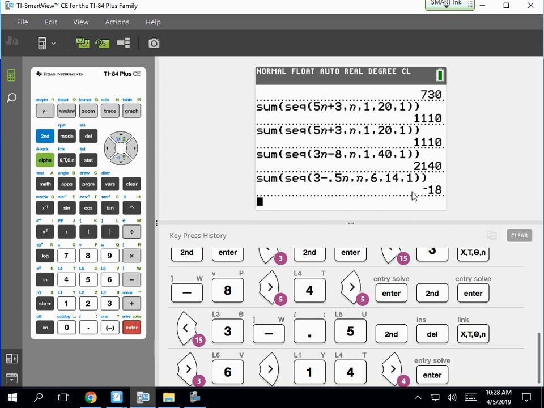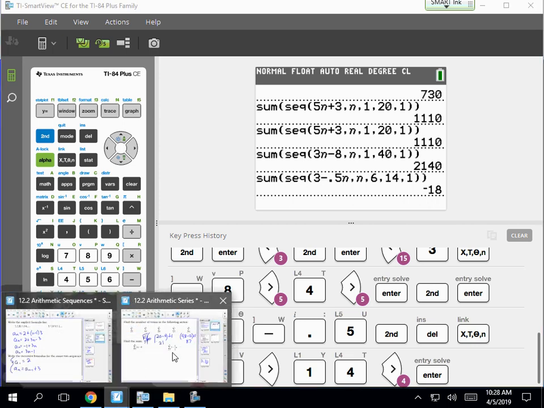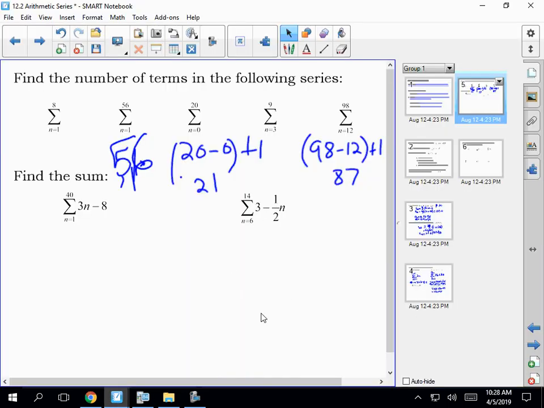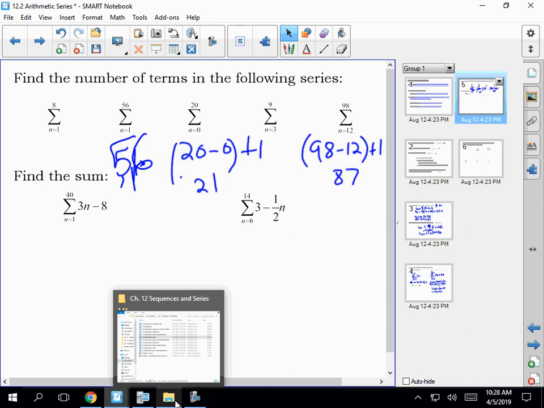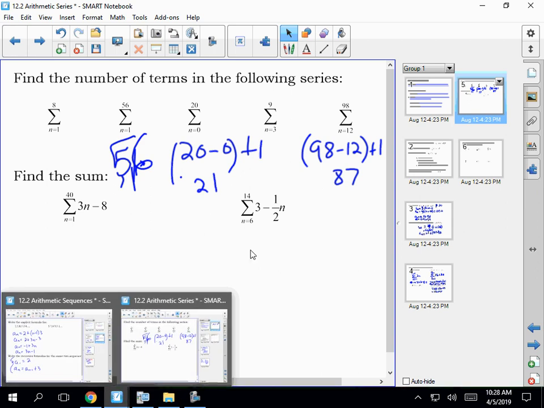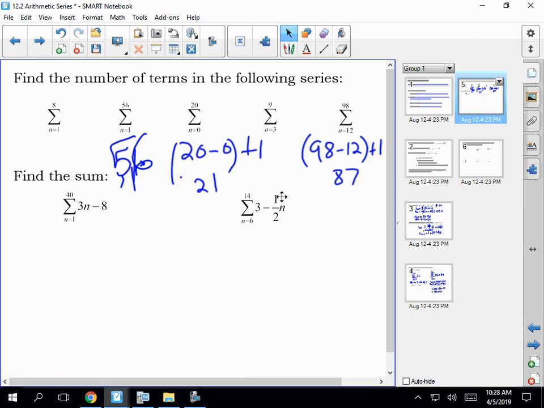I'd like you to use the sum sequence on there. Otherwise, you can add it up one at a time, and you just have to generate the numbers, keep hitting plus signs. On the calculator, what would the first term of this second one be? If you plug in 6, 3 minus 1/2 times 6, that's 0. So it'd be 0, and then you keep subtracting. Next one would be 3 minus 1/2 times 7, which should be negative 1/2.